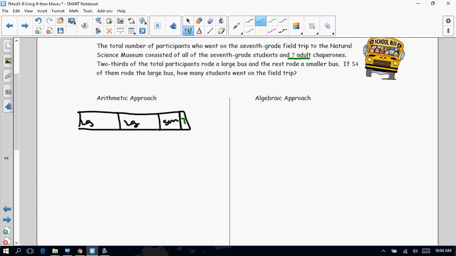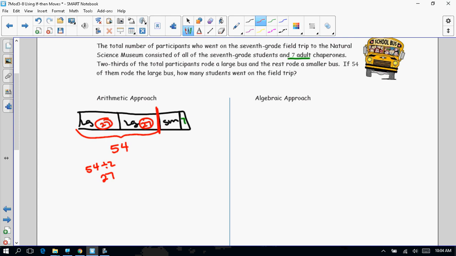I also know that the large group, the people in these groups, was 54 kids. So what is 54 divided by 2? Right, 54 divided by 2 is 27. So each of the large bus sections was 27 kids.